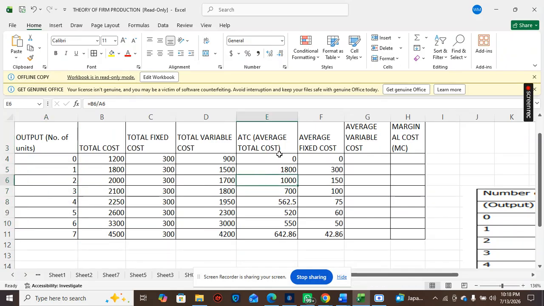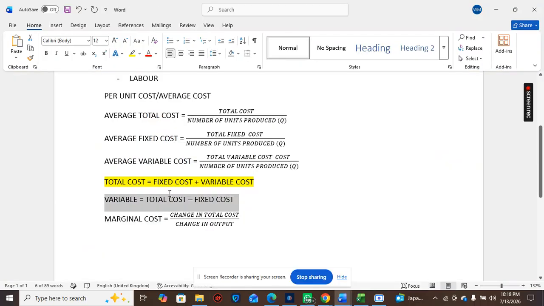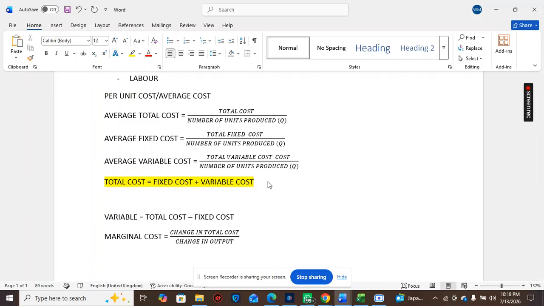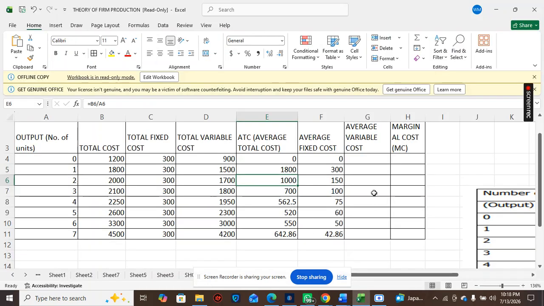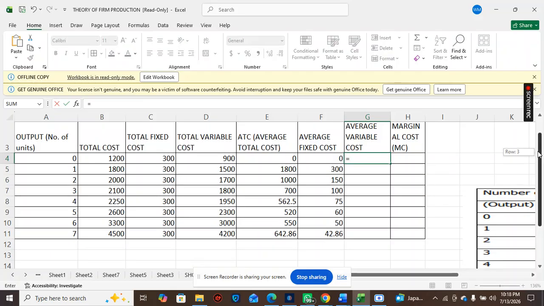Another way you can find it, remember, also total cost equals fixed cost plus variable cost. Also remember, average total cost equals average fixed cost plus average variable cost. Okay, colleagues, I forgot to put this up. Also, this formula, you can use it. But then we will still divide the variable costs by the number of units.